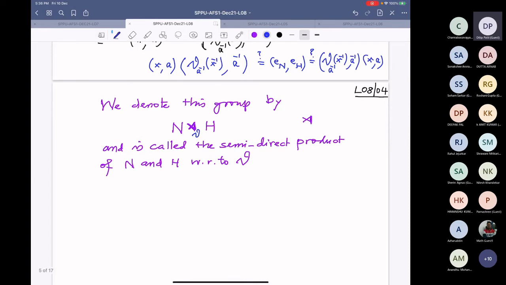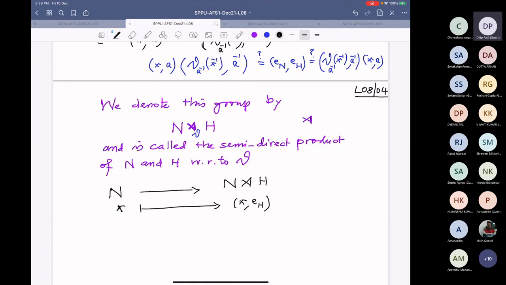So there are natural maps now. N to this, there is a natural map, namely any x goes to (x, identity). As I said, they are only the product, Cartesian product, so this makes sense.